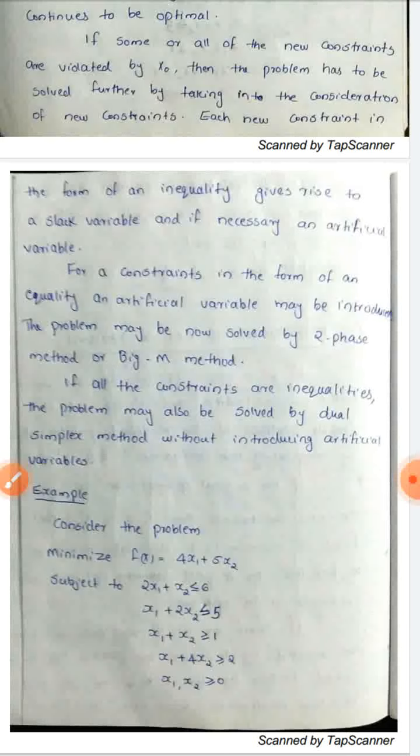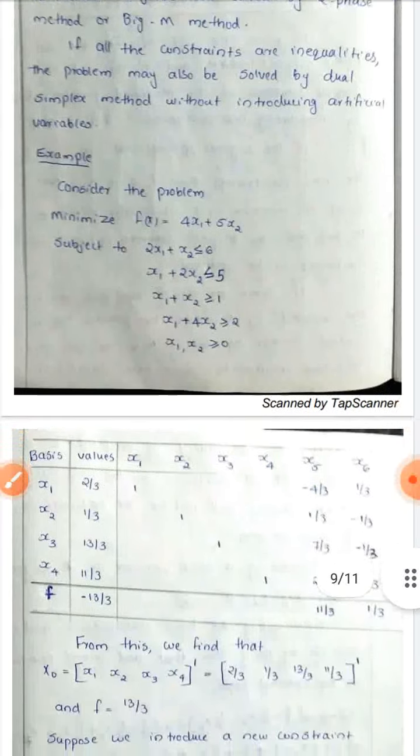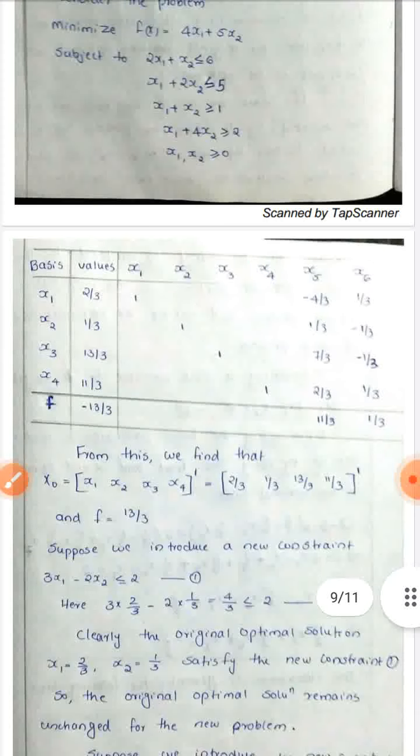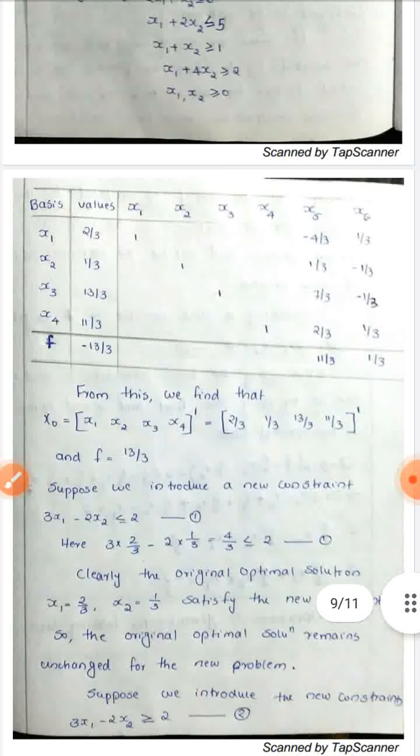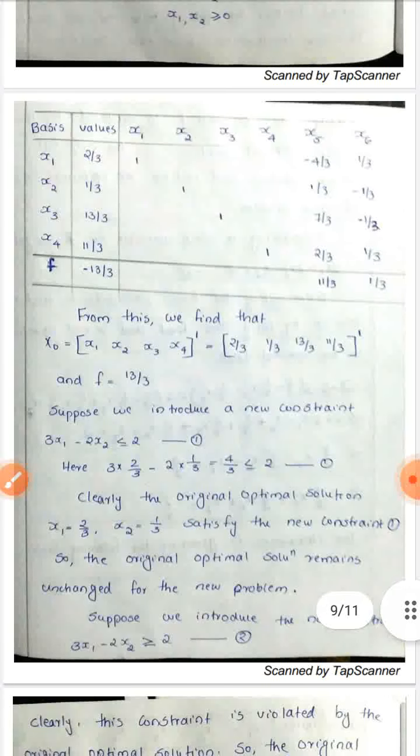This problem is already solved. Then the optimal table is here. From this table we find that x naught equal to x1, x2, x3, x4, which is equal to 2 by 3, 1 by 3, 13 by 3 and 11 by 3, and f equal to 13 by 3.